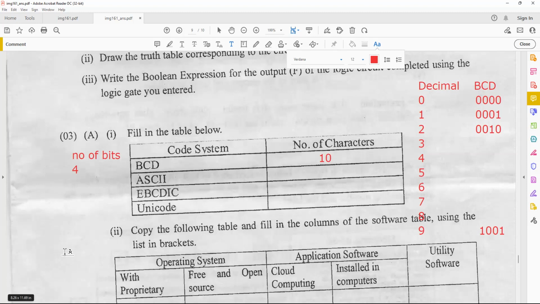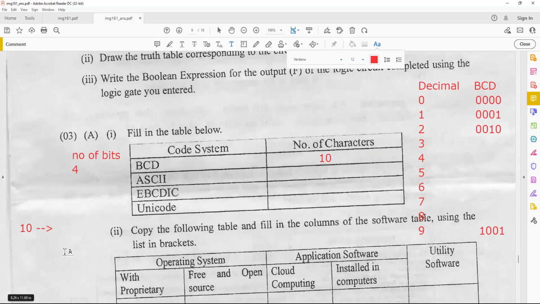Quick question. How do you represent 10 in BCD? Yes, you are correct.